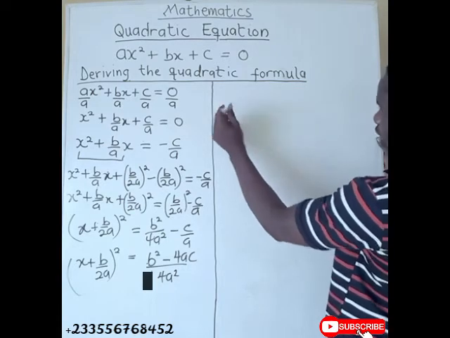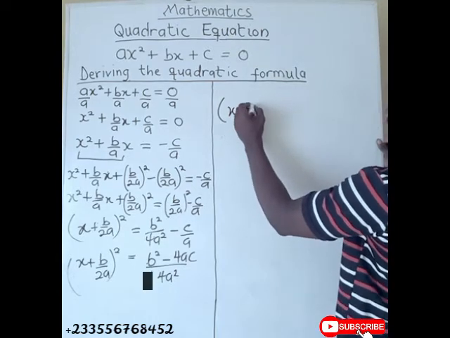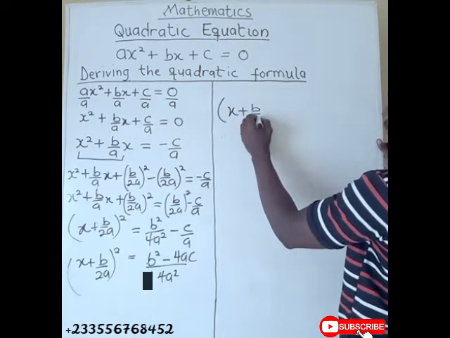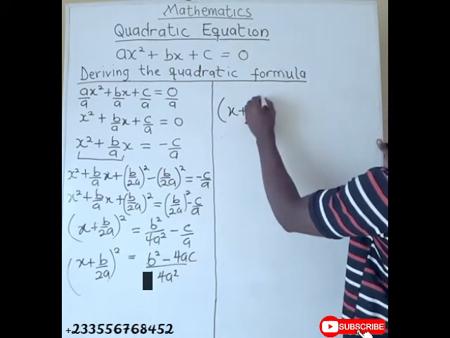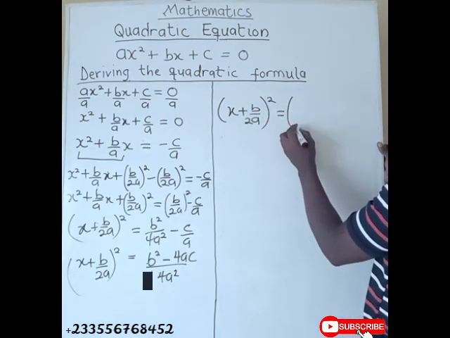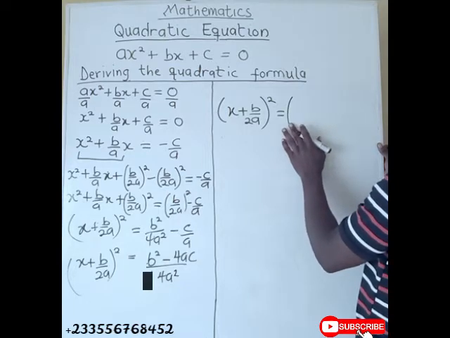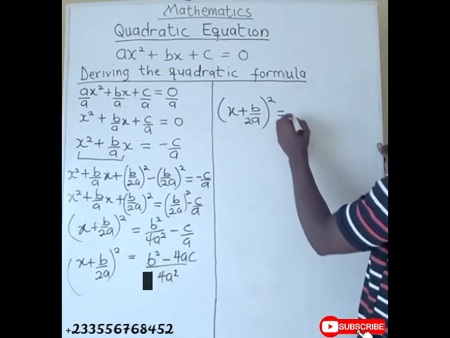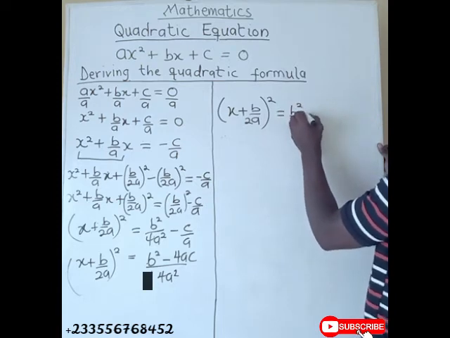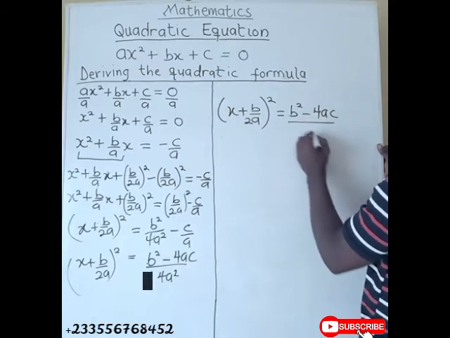So we are continuing at this side. (x plus b over 2a) all squared is equal to b squared minus 4ac all over 4a squared.